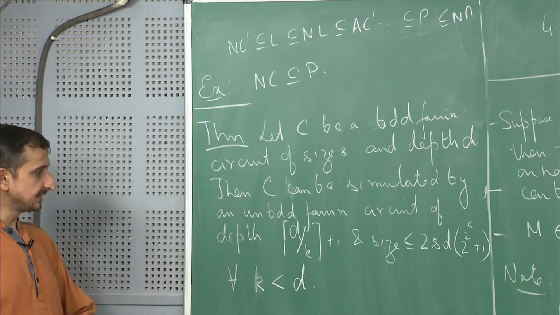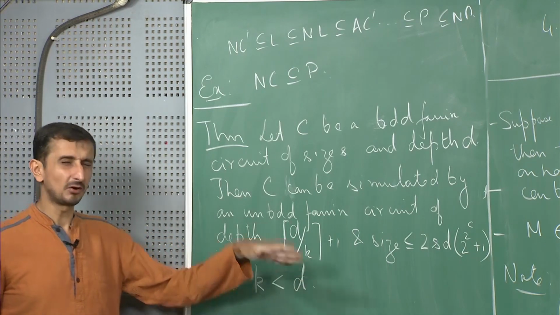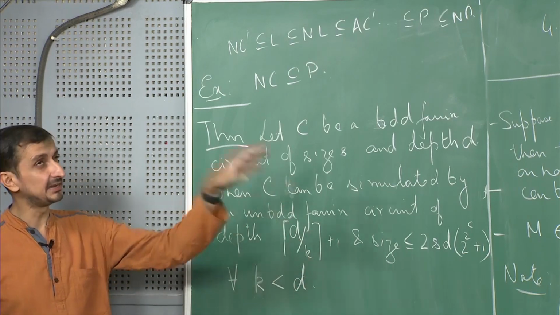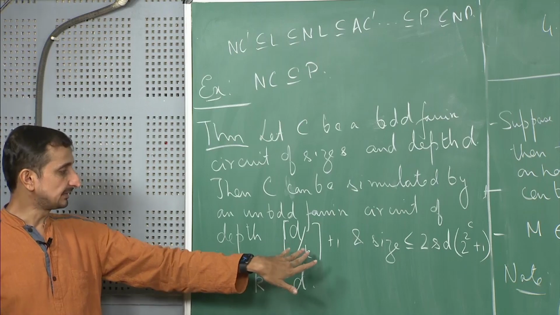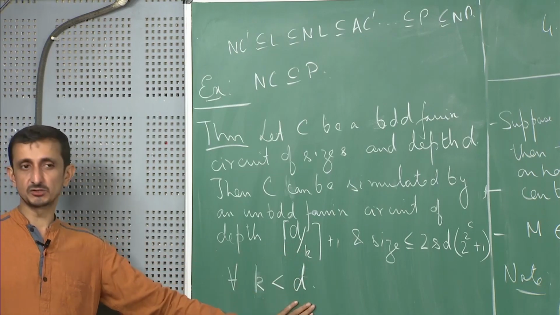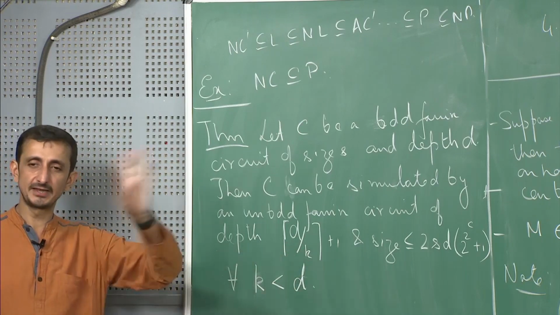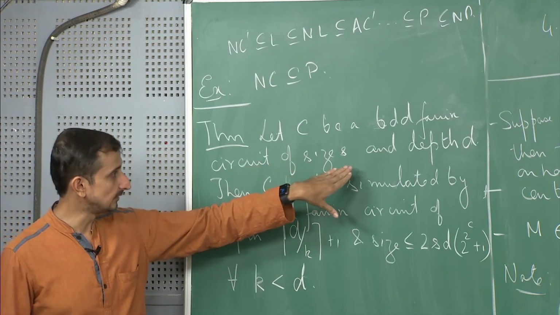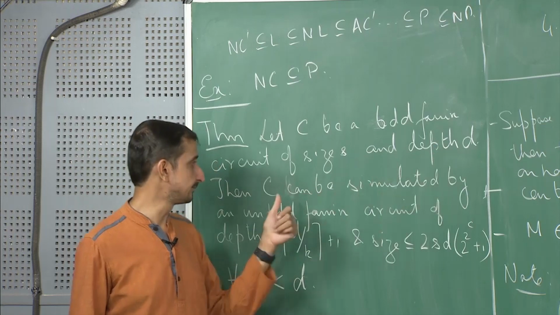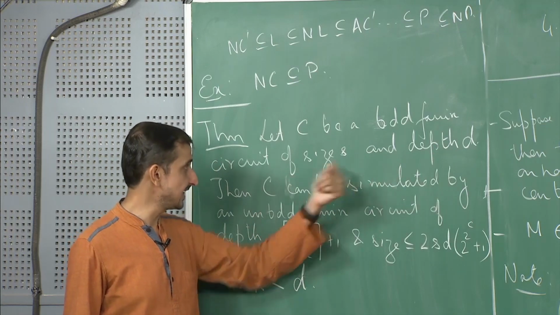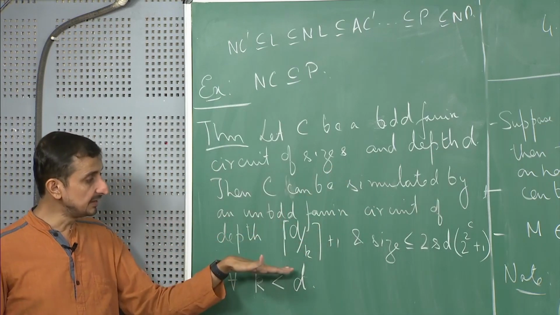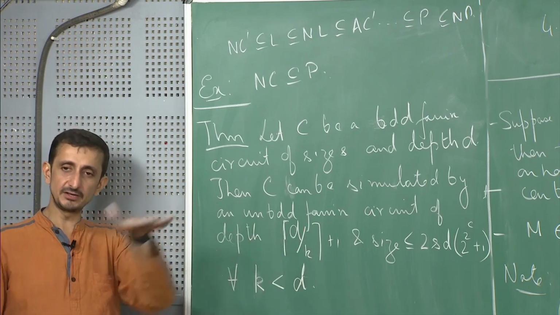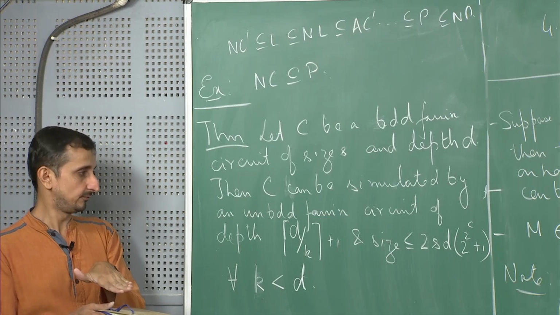So, what we are saying is that for any number K, it need not even be a constant, think of K as any number that is at most D. You can choose K to be whatever you like. Then given a bounded fan-in circuit of depth D and size S, I can reduce the depth by a factor of K, from D to D/K.